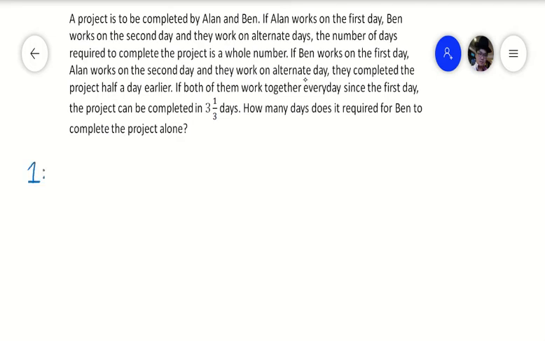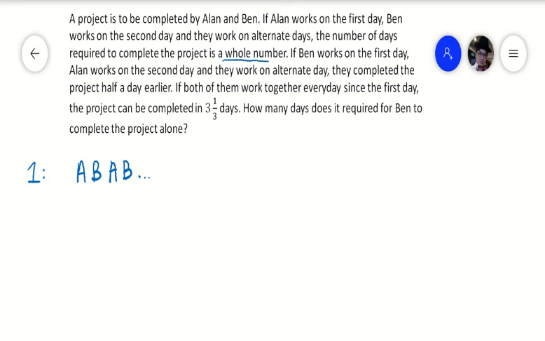The project started with Alan, right? So Alan works on the first day, and Ben continues to work on the second day, followed by Alan, Ben again. So the number of days required to complete this project is a whole number.